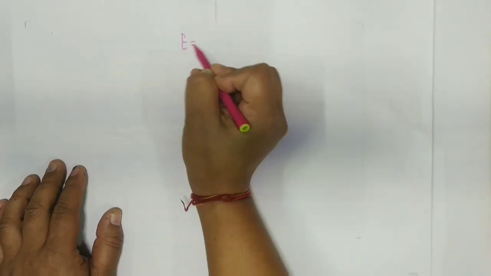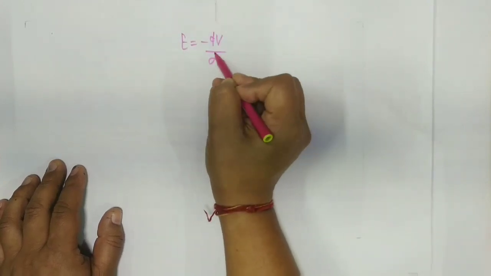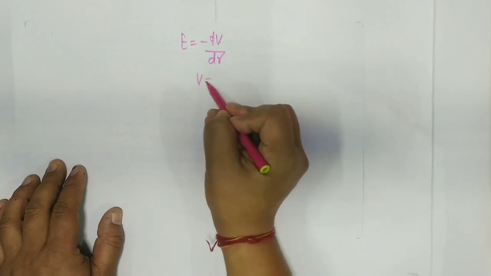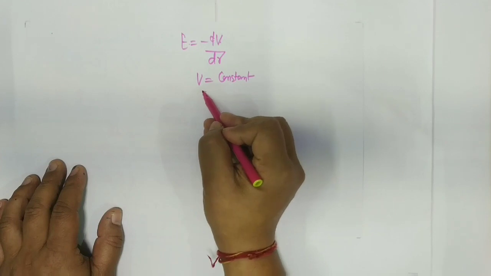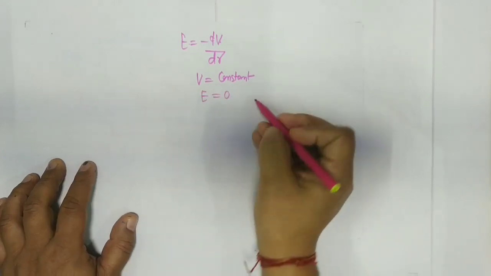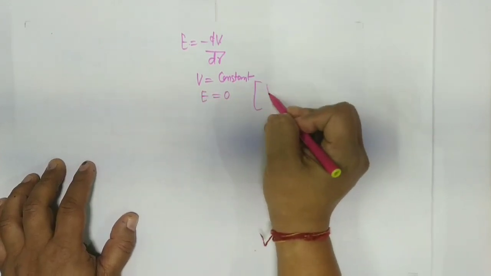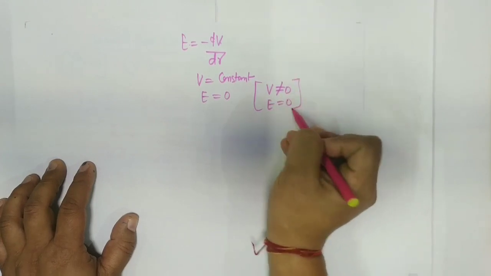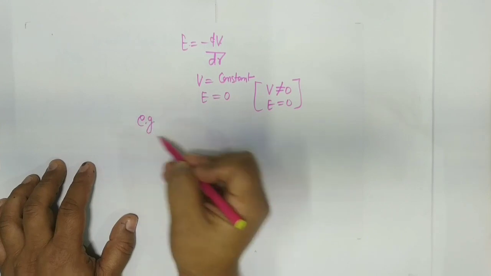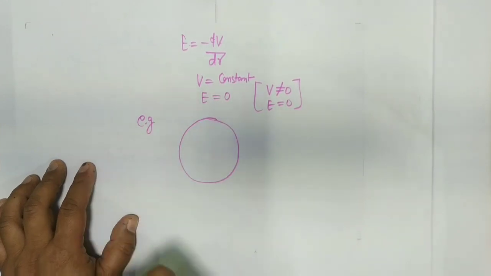And you can see that if E is minus dV by dr, and if I say V is constant, then can you tell me what is E? Electric field is 0. So here there is a very important concept: V is not 0, but E is 0. And I will give you an example of a surface.